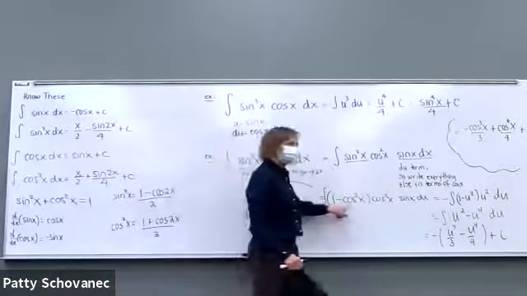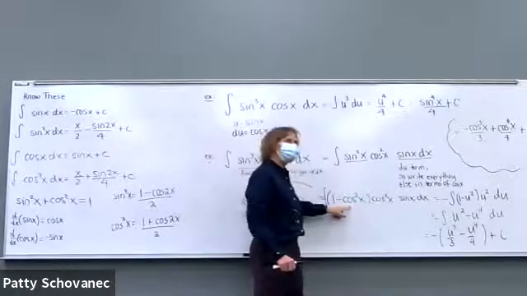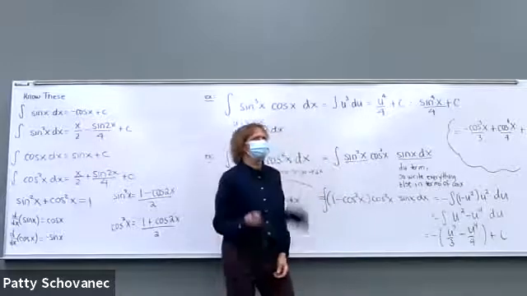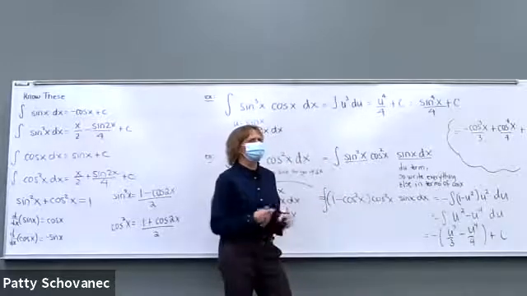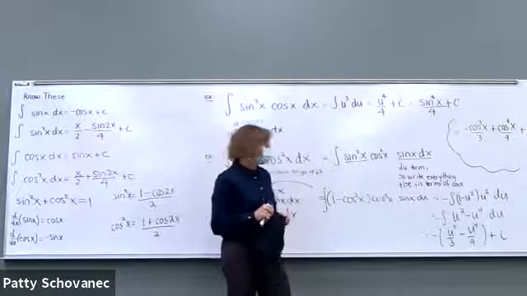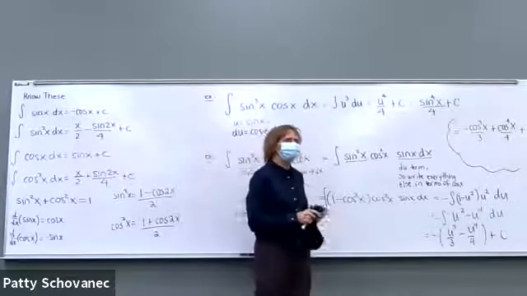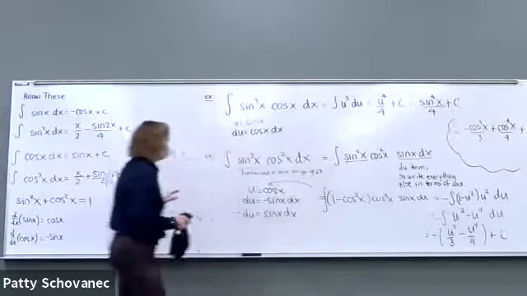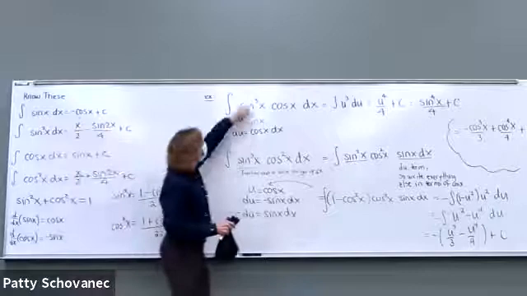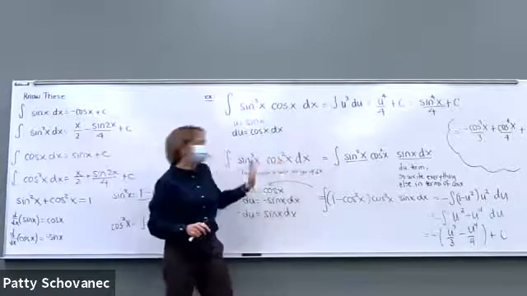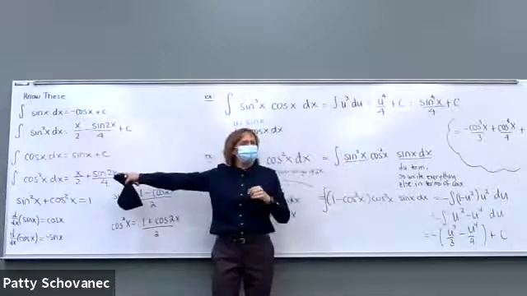Well, I didn't want to pick a cosine squared. That's what we're going to do all the time with our trig integrals. Okay, so I'll write this down next time as a strategy. When one of the powers is odd and the other, who cares? If any one of them is odd, we're going to factor one of them out and then use the Pythagorean identity.